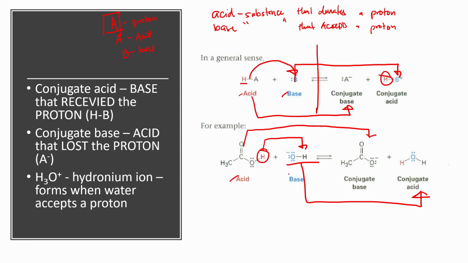So this is our acid, this is our base. Our acid becomes our conjugate base, and our base becomes our conjugate acid. So please be clear on the four terms. We have our acid, we have our base, we have our conjugate acid, and we have our conjugate base.